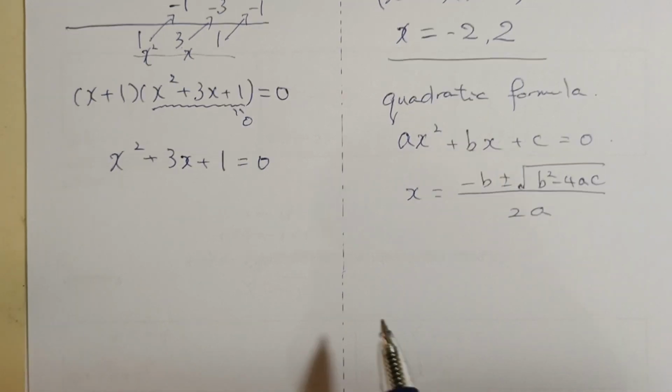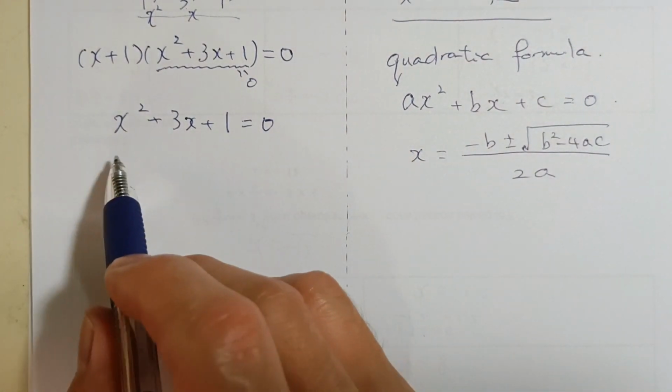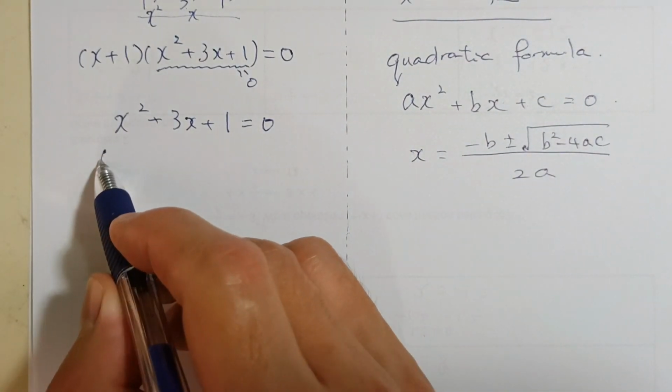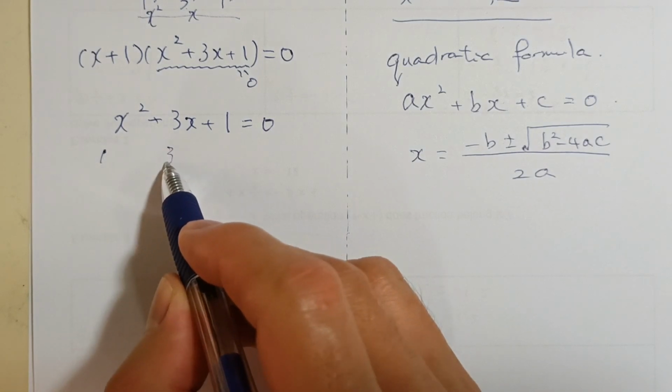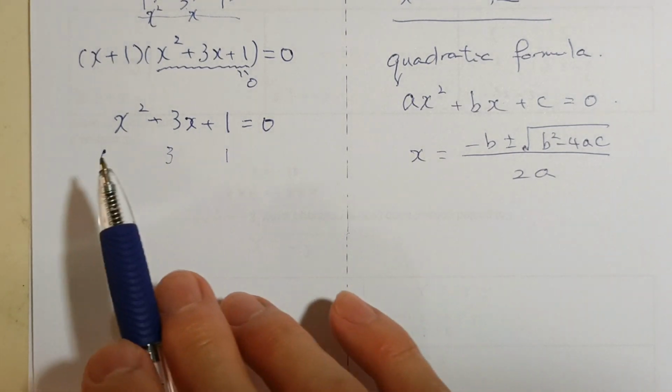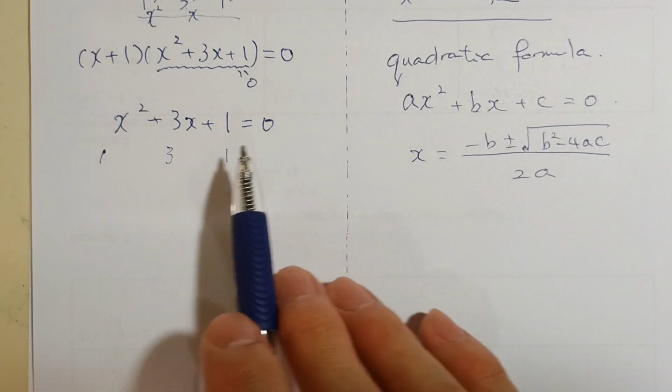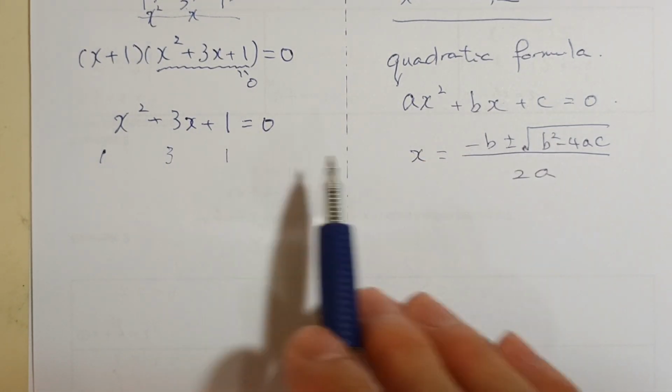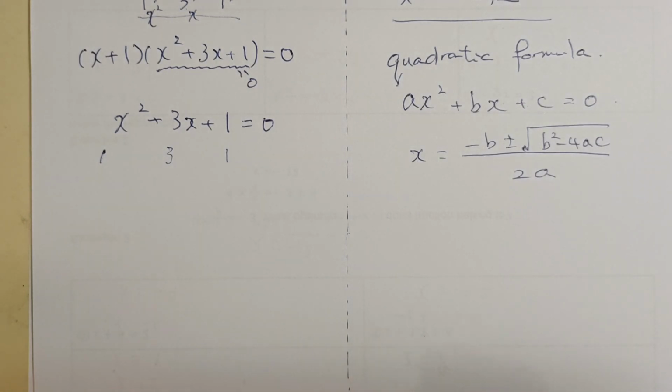Okay? So for this one, a is 1, b is 3, c is 1, isn't it? So I put 1 instead of a, 3 instead of b, and 1 instead of c. Okay?